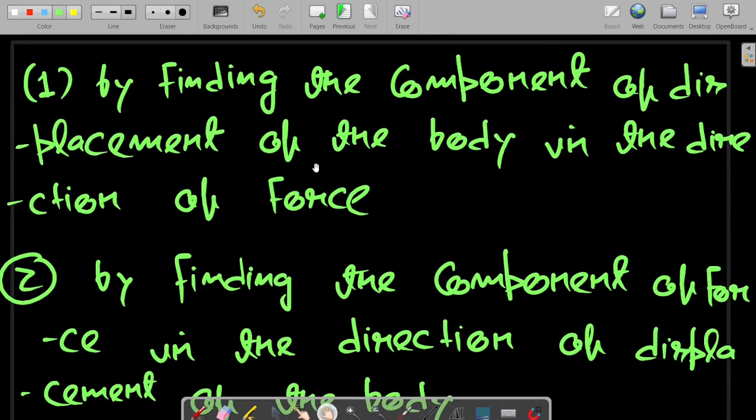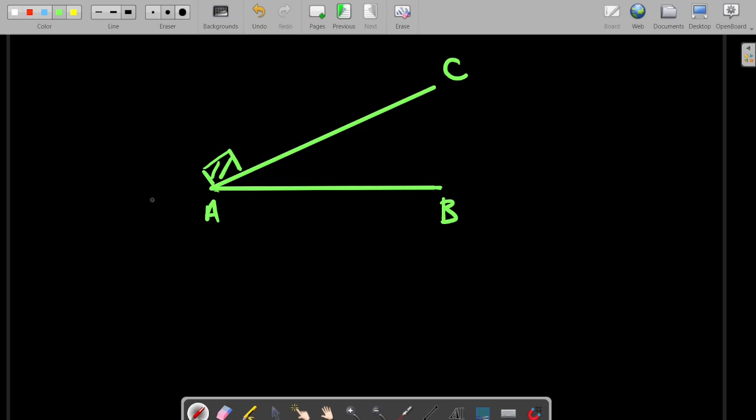First, we will see the first case. Suppose that this is any body and we are applying a force on the body, and the direction of force is along AB, and the direction of displacement of the body is along AC. So the direction of displacement of the body is not in the direction of force. So in this case, we will take the component of displacement in the direction of force.